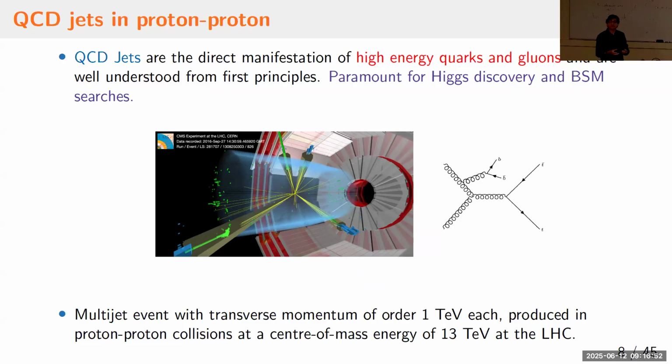So looking at a jet is looking at a high energy quark or a high energy gluon. They play a very important role in modern precision QCD calculations. They were really crucial for the Higgs discovery, and they are very important also if we want to dig out some beyond standard model physics.